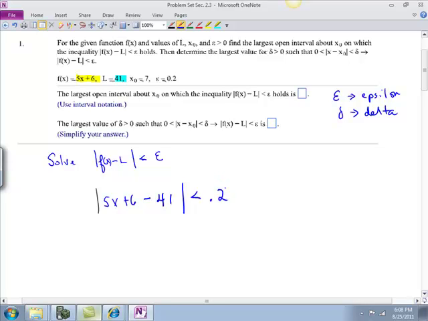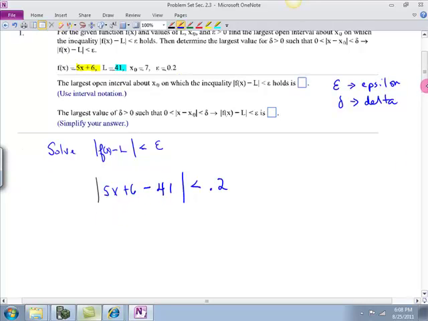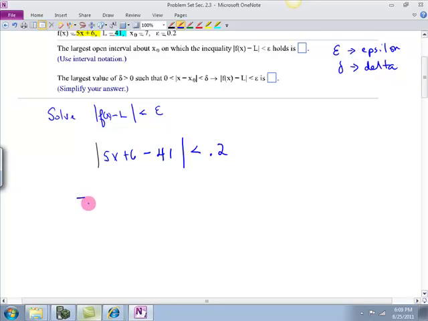It's always f of x minus the limit, in absolute value, that has to be less than epsilon. Do you agree that since this is absolute value, we can write this as negative 0.2 less than the expression, less than positive 0.2?